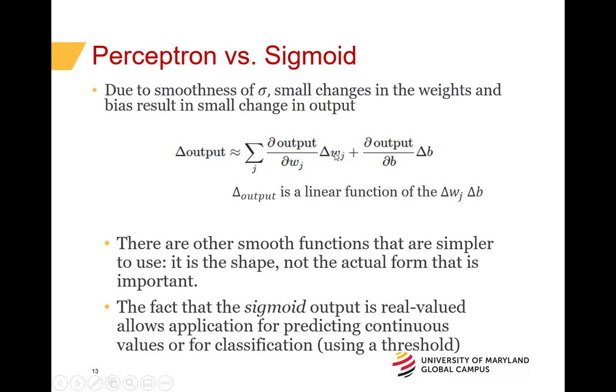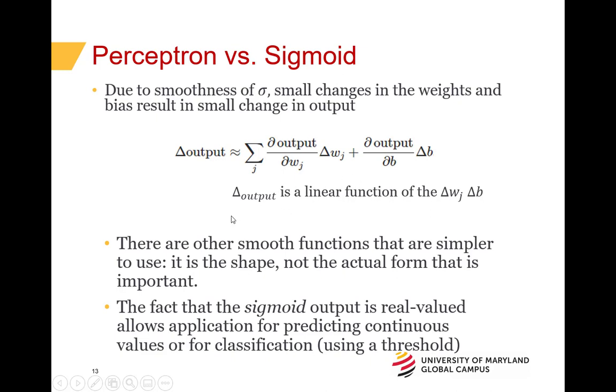So when you take the derivative with respect to one variable, you have to hold the other variables constant. We have two variables here, weights and biases. So this shows the partial derivative of the output with respect to the weight, as a result of that change, plus the partial derivative of the function with respect to the bias, as a result of the change in the bias. It's effectively the same thing that we discussed, but the change is represented here as a partial derivative.